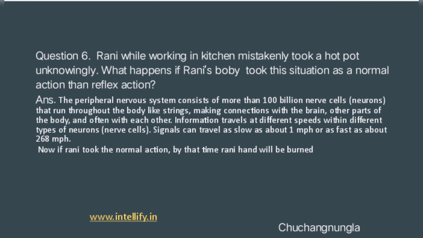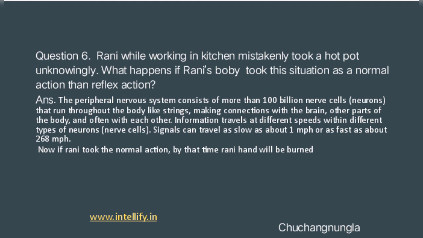So question 6. Rani, while working in the kitchen, mistakenly touched a hot object unknowingly. What would happen if Rani's body saw the situation as a normal action rather than a reflex action? Well, a reflex action is an involuntary and nearly instantaneous movement in response to a stimulus.